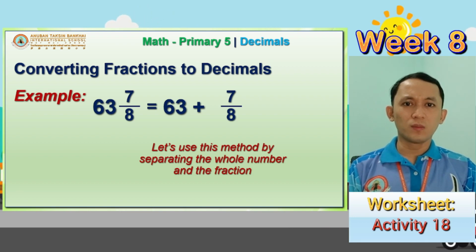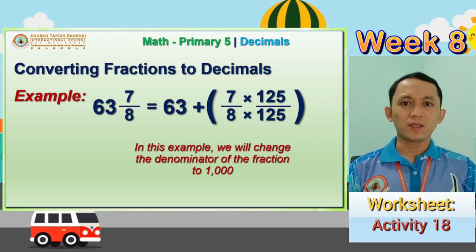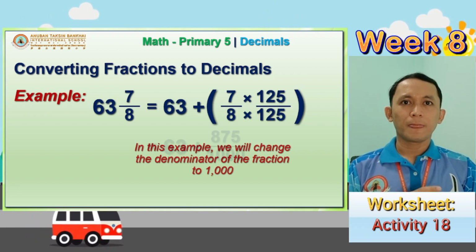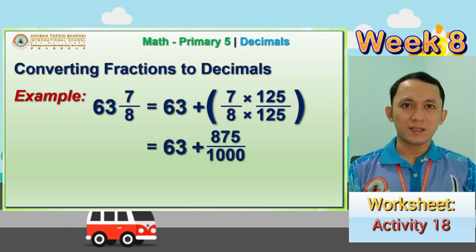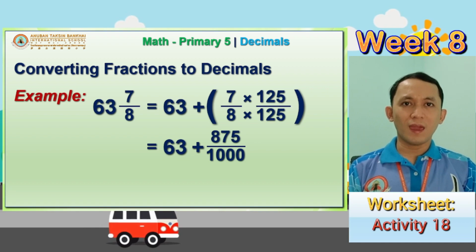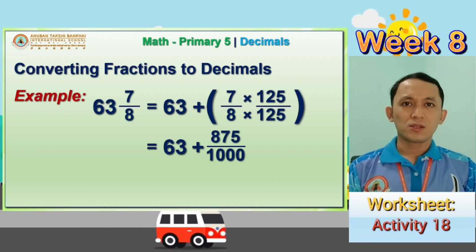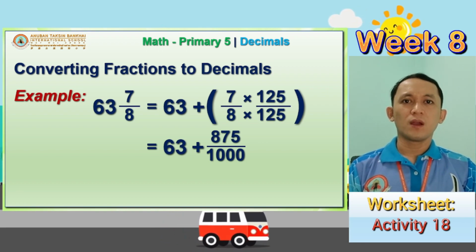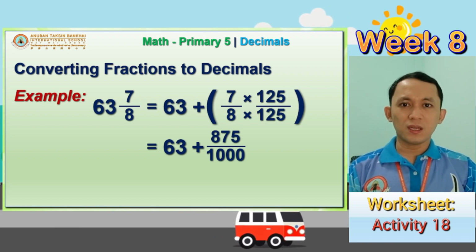So if we're going to multiply, we are going to use 125. So 63 plus 7 times 125, we have 875. And 8 times 125, we have 1000. So our fraction now is 875 over 1000. Let's change this into decimal.